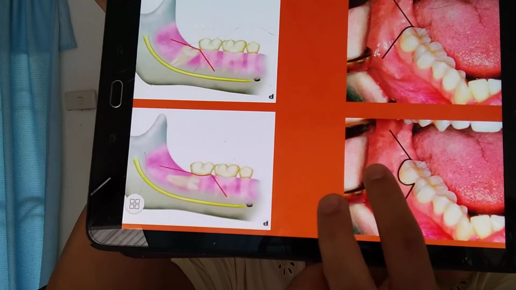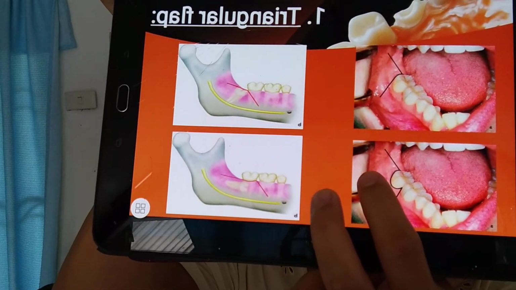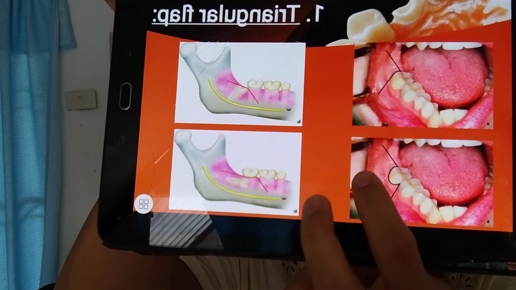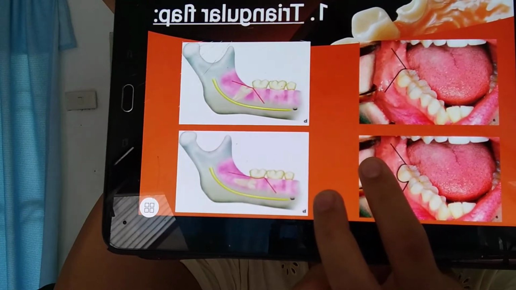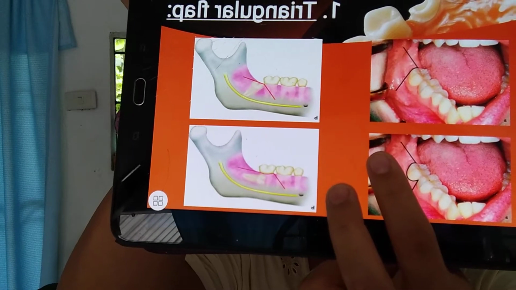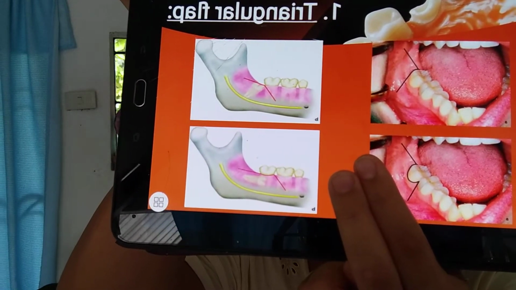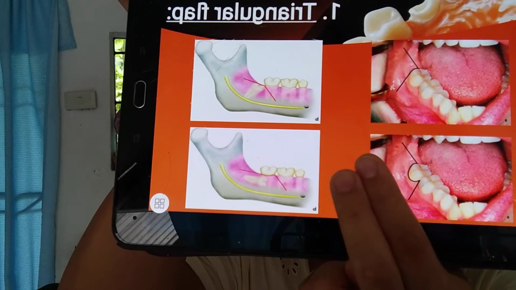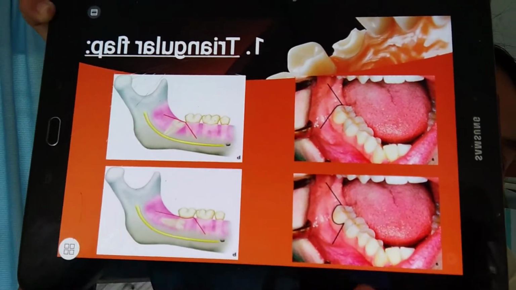The incision for this type of flap begins at the anterior border of the ramus or the external oblique ridge, with special care for the lingual nerve, and extends as far as the distal aspect of the second molar, while the vertical releasing incision is made obliquely downwards and forward, ending in the vestibular fold.